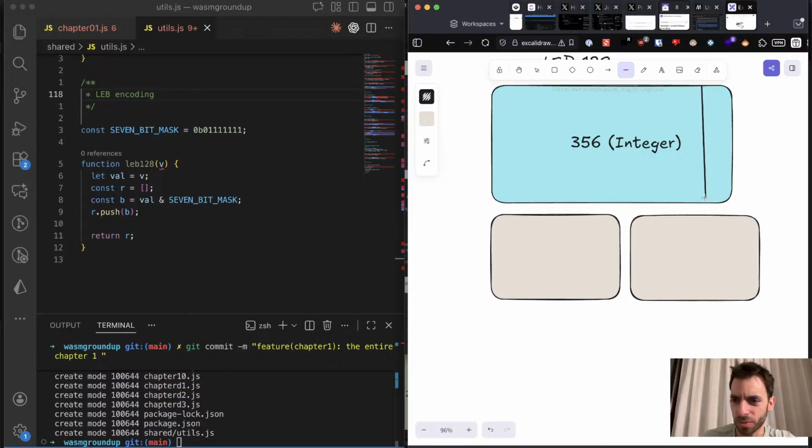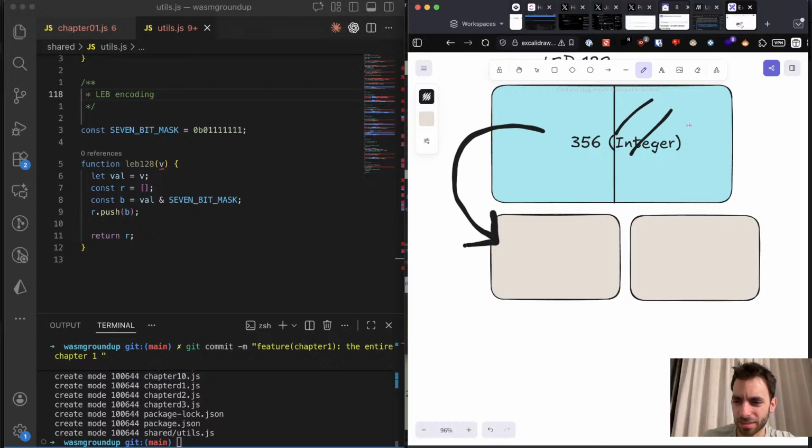What we're doing is splitting this integer, and we are having this part fill over here, and since this part is not filled, we want to take it and fill it inside here.